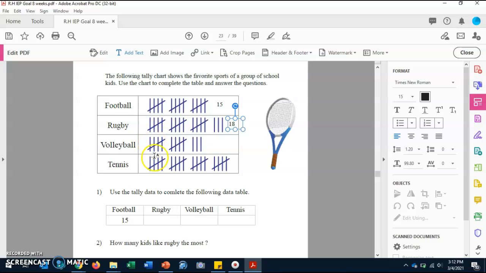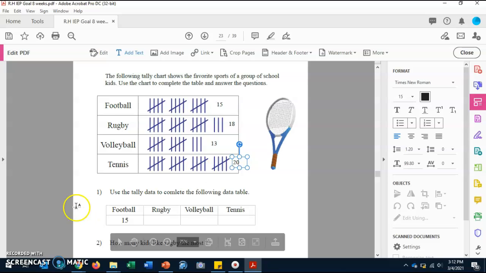Volleyball. 1, 2, 3, 4, 5, 6, 7, 8, 9, 10, 11, 12, 13. And now tennis. 1, 2, 3, 4, 5, 6, 7, 8, 9, 10, 11, 12, 13, 14, 15, 16, 17, 18, 19, 20. 20 people love tennis.